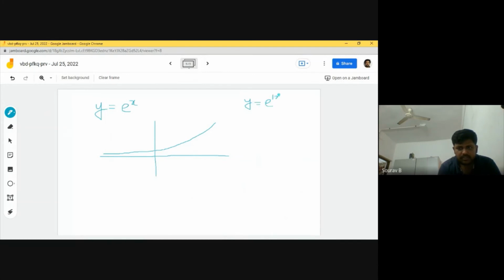So in that case, you will remove whatever is in the left portion of the y-axis, and you will take an image of this. So this is our y equal to e to the power mod x. This curve is y equal to e to the power mod x. So this is my x-axis and this is the y-axis.